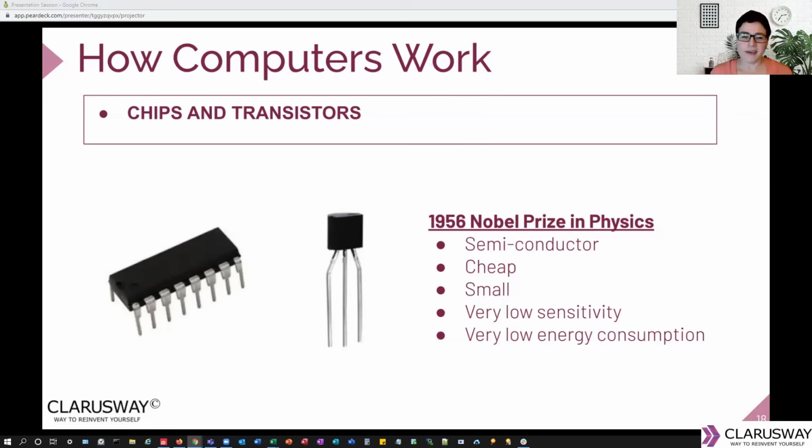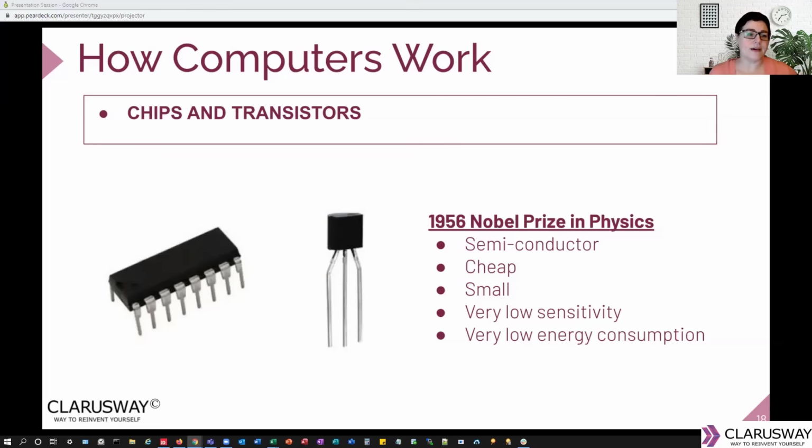If you watch the news, you may hear that we're having a shortage of the technology that computers are built from, chips. Chips can contain billions of transistors. So a chip can be just an inch large, and it can have billions of transistors on there.